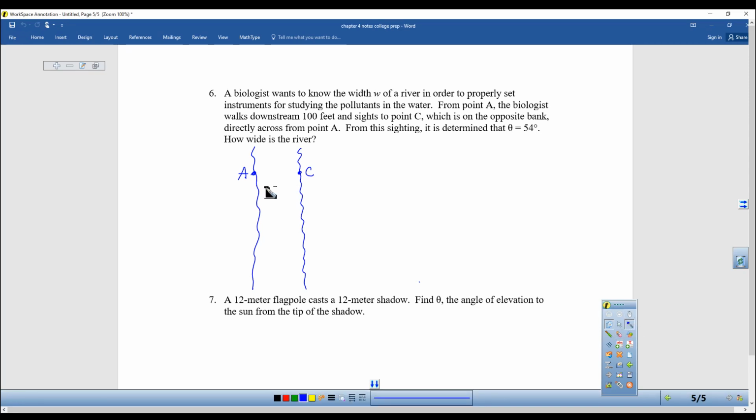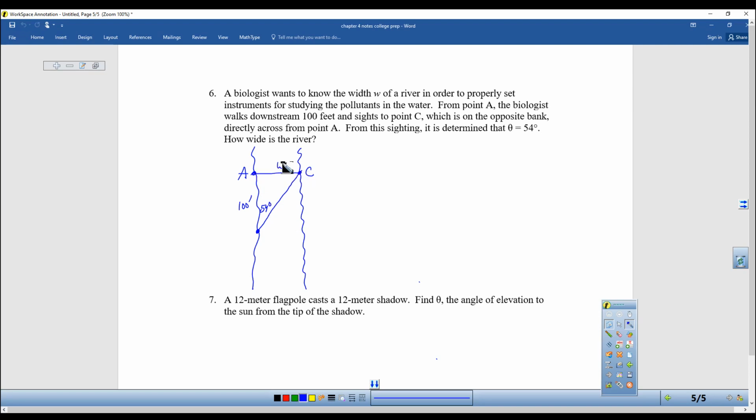instead he walks down to some other point, and that point is 100 feet downstream, and he sights in. So he takes his survey equipment and he sights in, and he realizes that from this sighting, theta is 54 degrees.